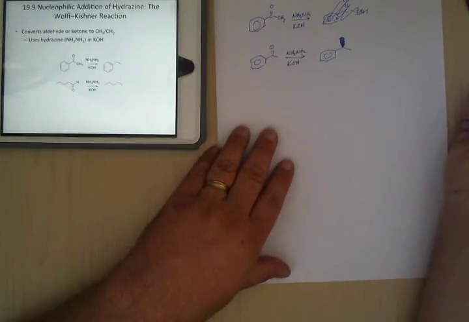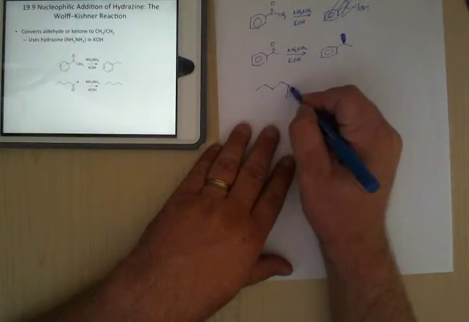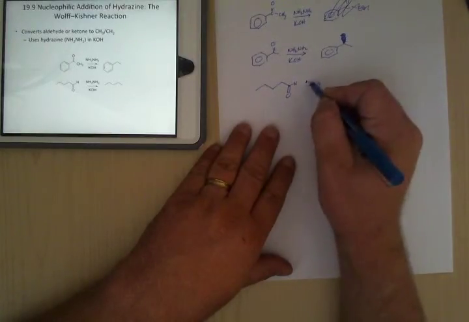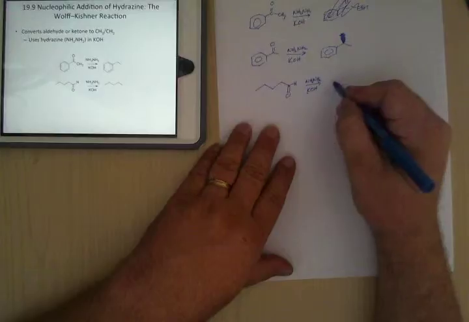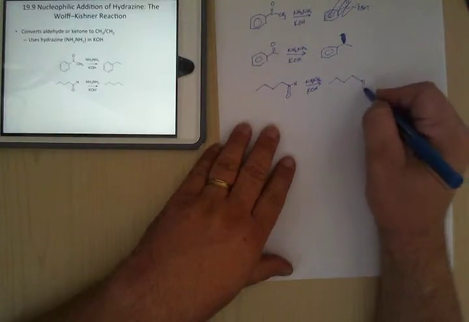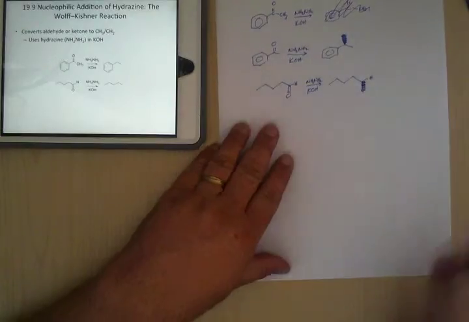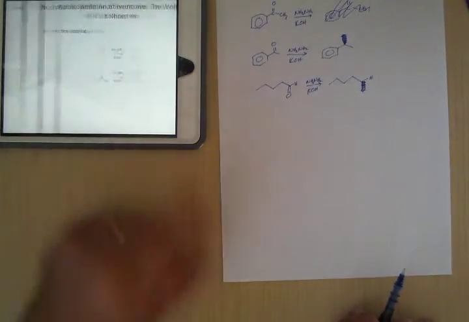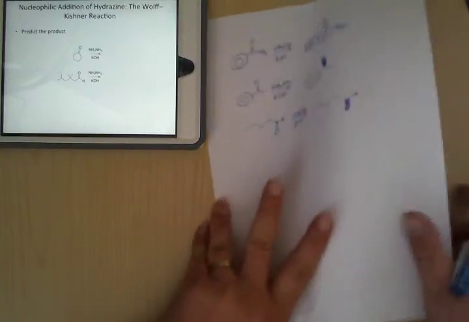That's your structure. So if you're going to do this, Wolff-Kishner, NH2, NH2. Again, you just redraw it and then just erase the C double bond out. That's it. Okay, so predict the products for this.